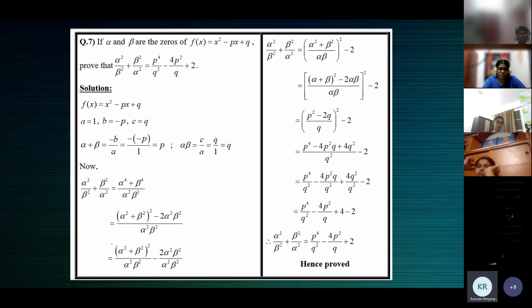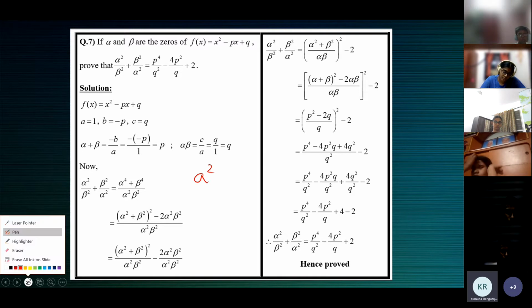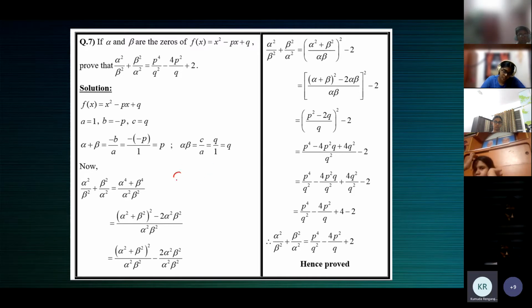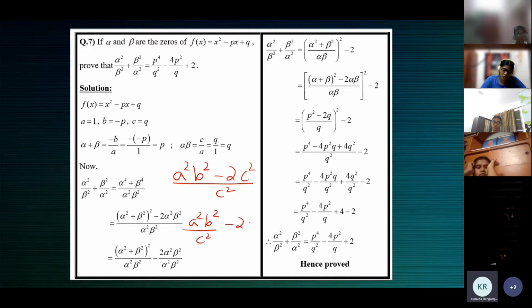That's the second step. In the next step, supposing you have a square b square minus 2c square by c square. Supposing. So you can write this as a square b square by c square minus 2c square by c square. The denominator is for every term in the numerator.